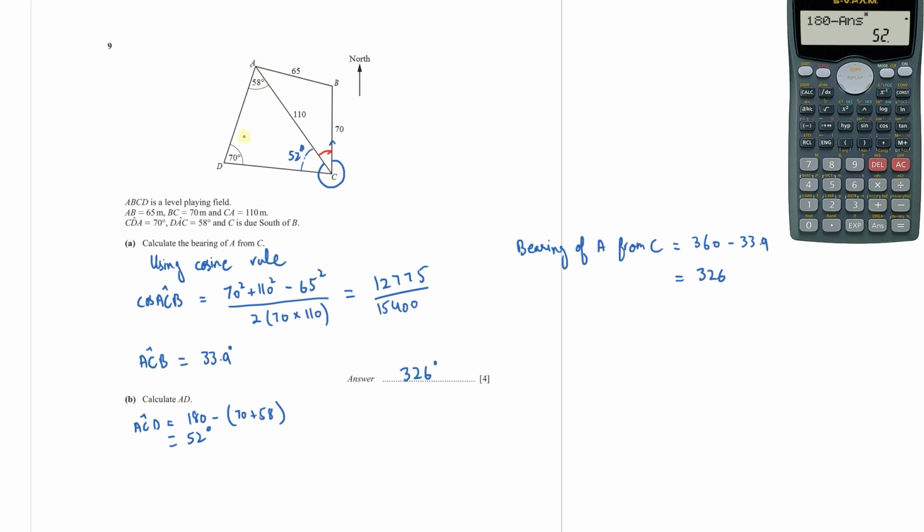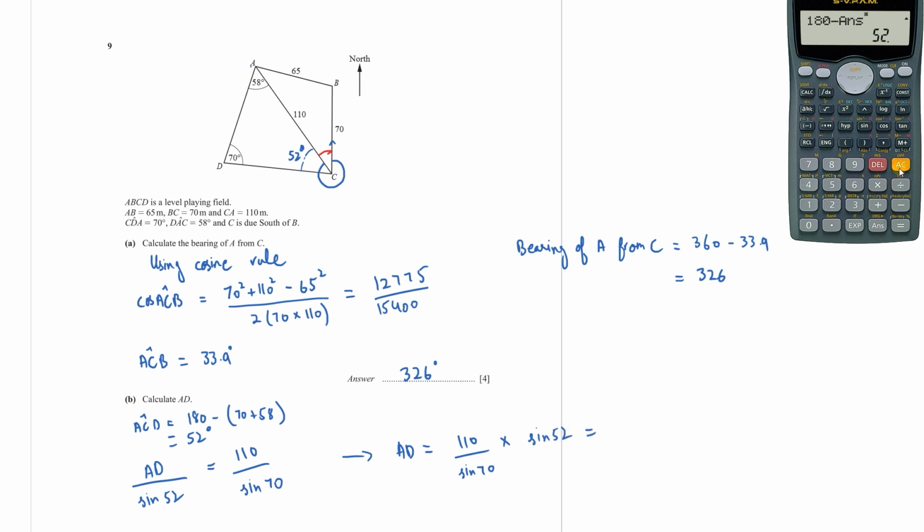Now I can use the sine rule to find this length AD. AD over sine of 52, which is the opposite angle of AD, and then I will use this side and the opposite angle, this one. So this will be 110 over sine of 70. So AD equals 110 over sine of 70 multiplied by sine of 52.